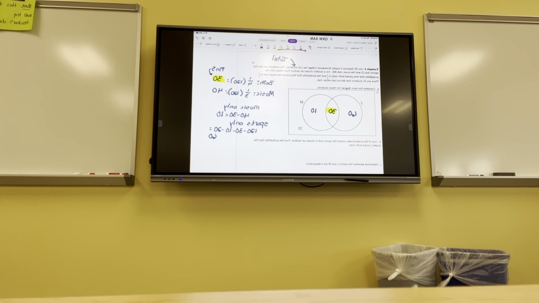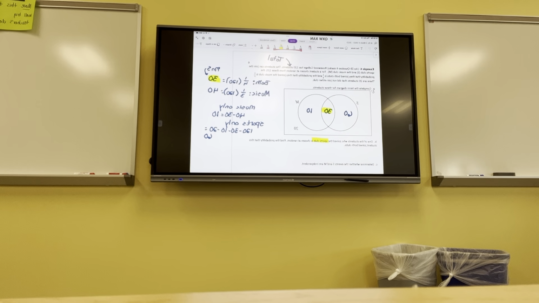One of the students who joined the sports club is chosen at random. Joined the sports club. Okay, so we're just talking about the sports club. Find the probability that this student joined both clubs. All right, so the probability that the student is in both clubs.